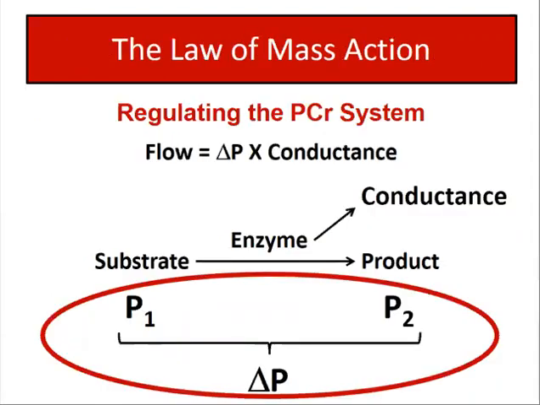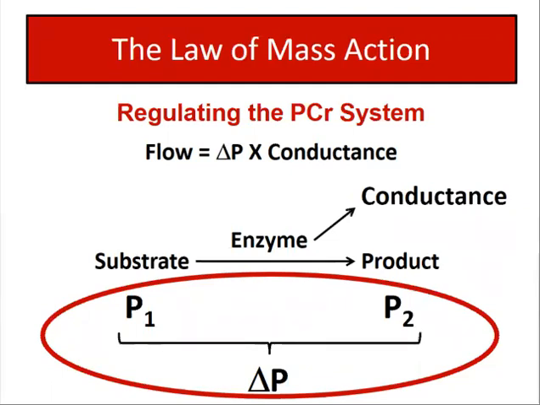So in terms of the law of mass action, let's take a closer look at the regulation of the phosphokeratin system. To understand how this reaction works, let's look at the law of mass action. The rate of a chemical reaction is directly proportional to the concentrations of reactants or substrate. Remember that flow is equal to delta P times conductance.